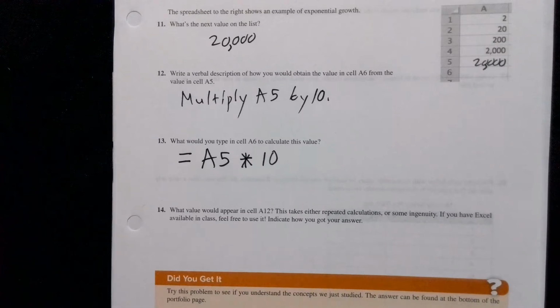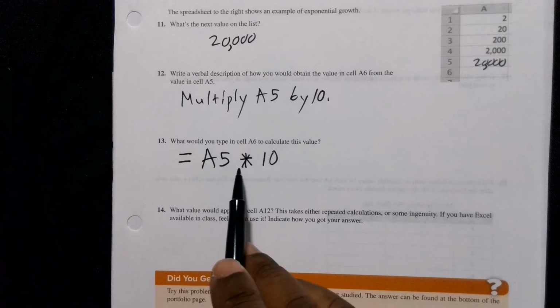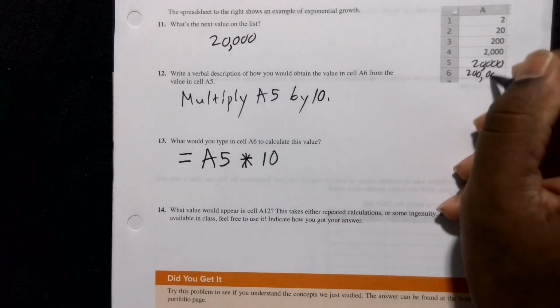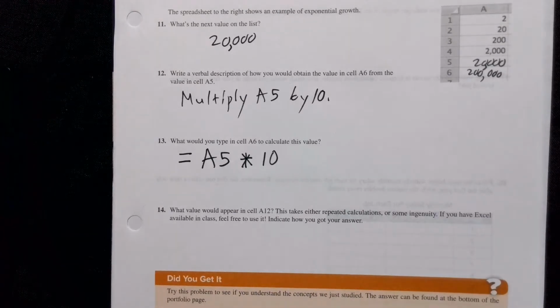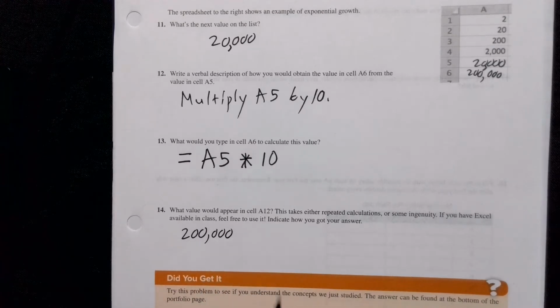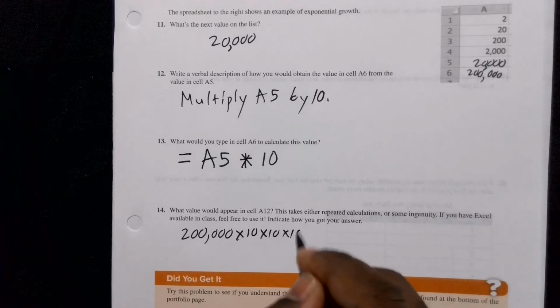Okay, now, what we would do is this. Since back in problem 13, we had A5 times 10, that means that A6 would be 200,000. So we know what A6 is. And we know to get from A6 to A12, there are 6 place values that we're going to. So 7, 8, 9, 10, 11, 12. So we will take our 200,000 and we will multiply by 10 6 times.